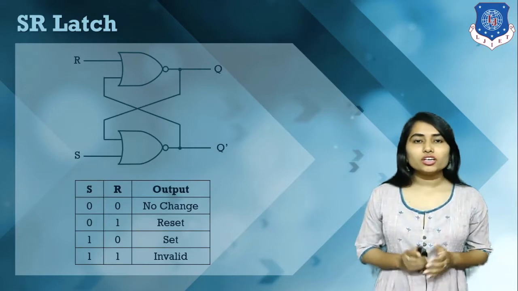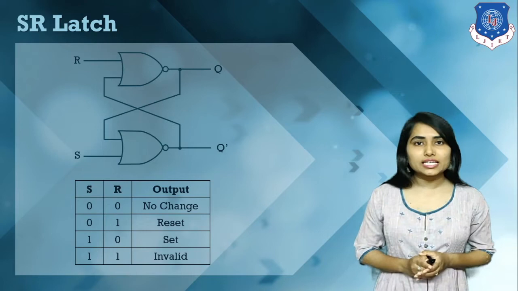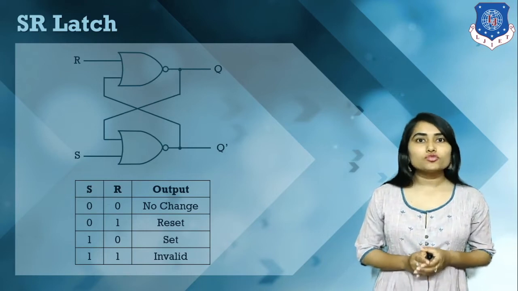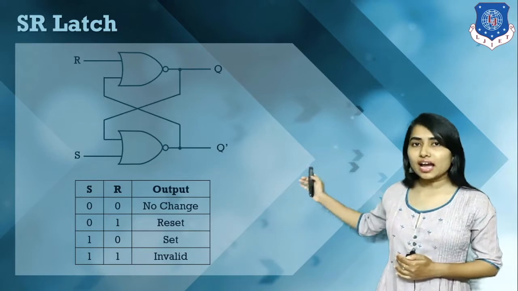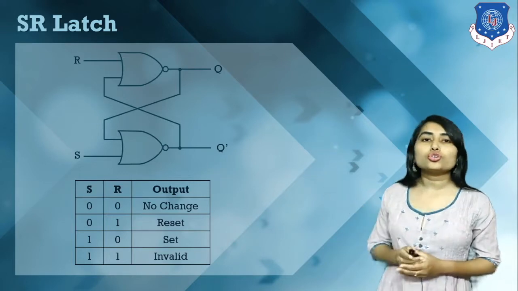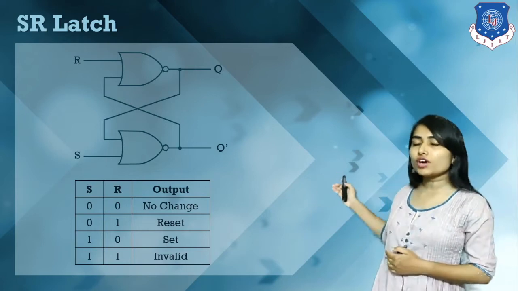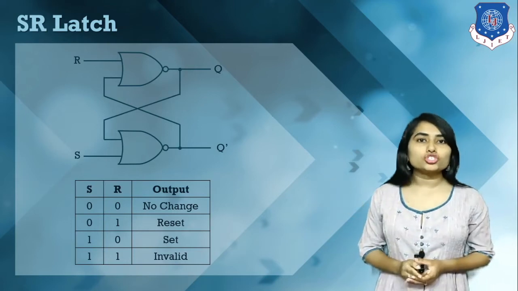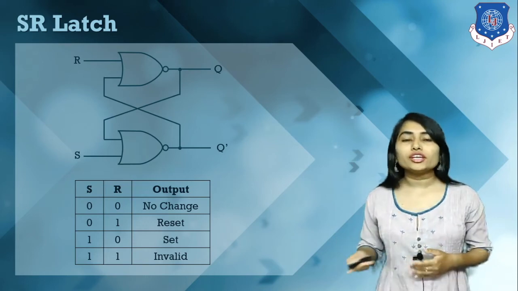Here we have the characteristic table of the SR latch. This SR latch works like this for NOR gates. Whenever S and R are equal to 0 0, the output is no change. That means whatever the previous output was is forwarded to the next output.